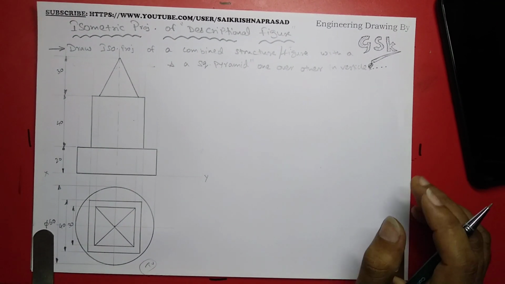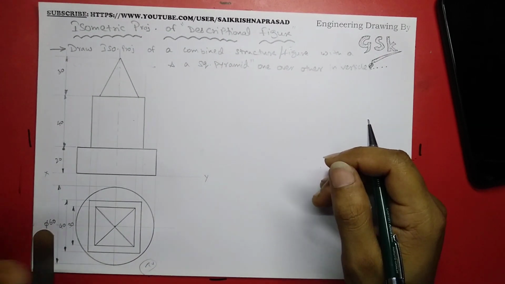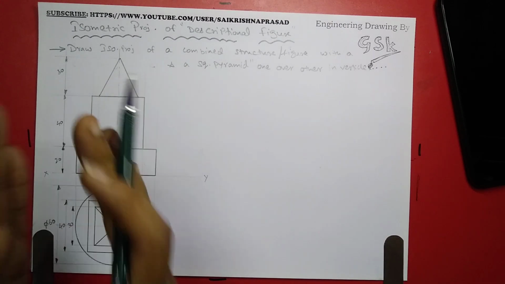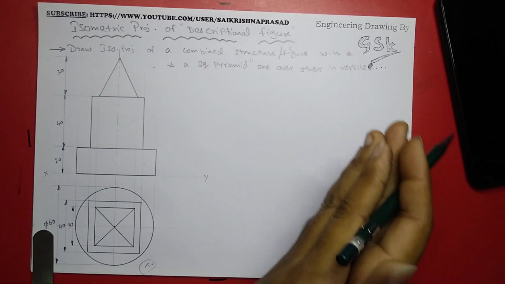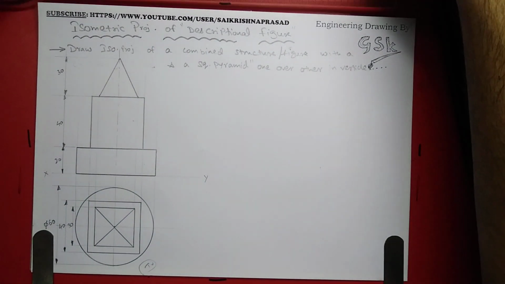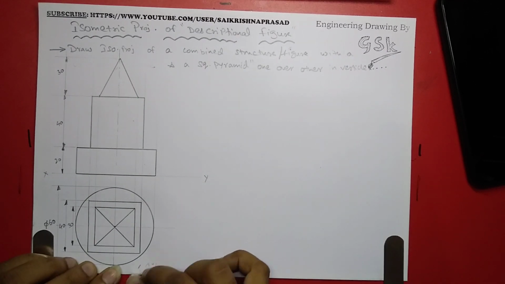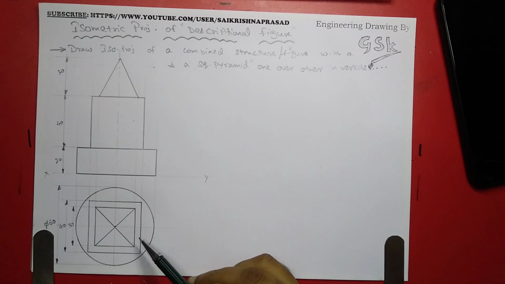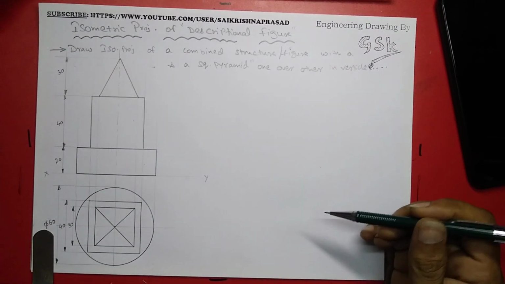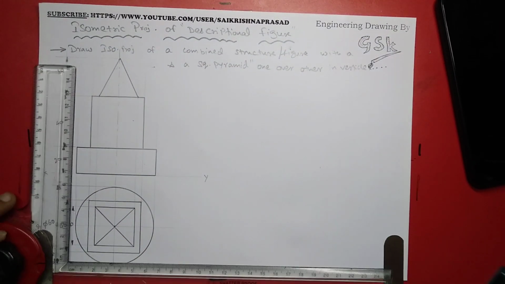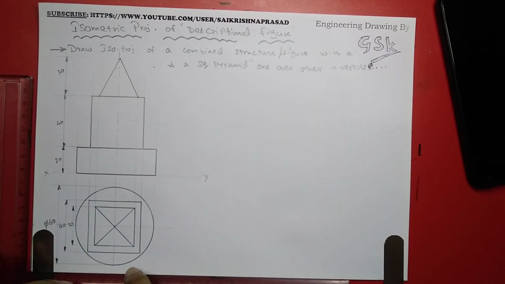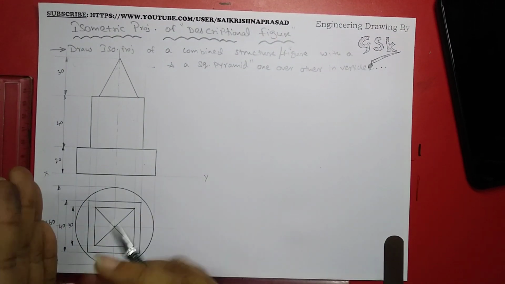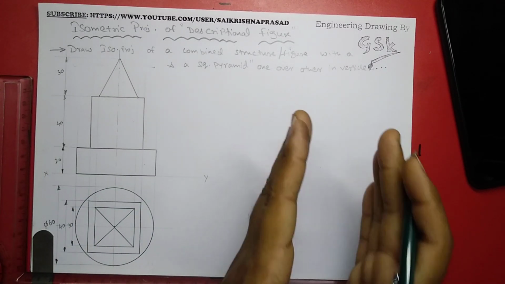So for the isometric of these types of descriptional figures, it is compulsory that we draw the orthographic first, then go for isometric. So this is the top view and this is the front view. For these types of figures, it is easy if we keep one of the views, front or top, in a box, so we can directly create that box in isometric very easily.